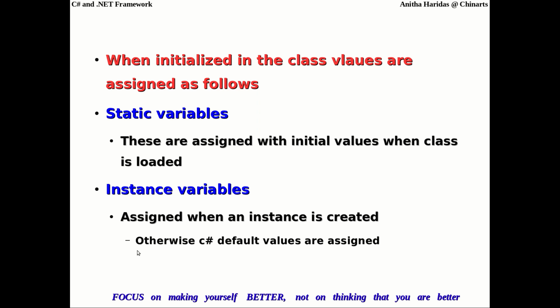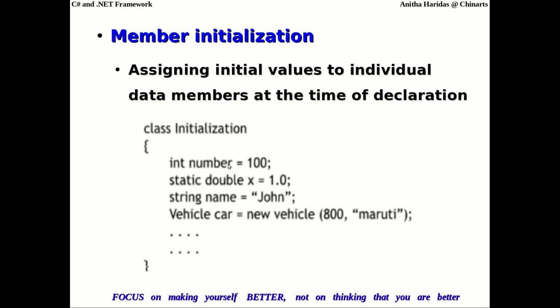So if you have not initialized it, say for example, if you have not initialized number equal to 100, if you have simply said int number semicolon without this initial value, what happens? We have already seen that when you define a class, all the data members will be initialized with default values.